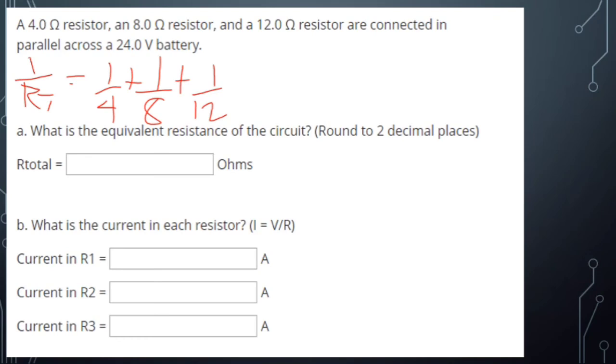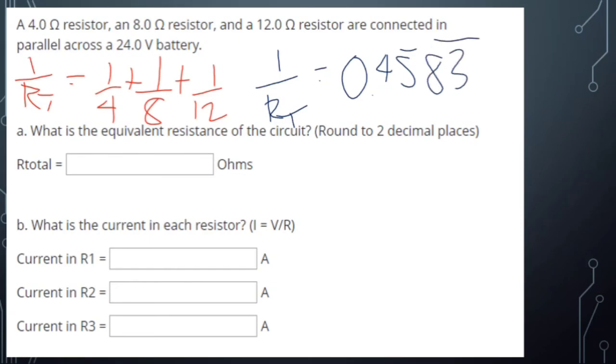So as we do this in the calculator, we now have 1 over RT equals 0.4583, with the 3 repeating.